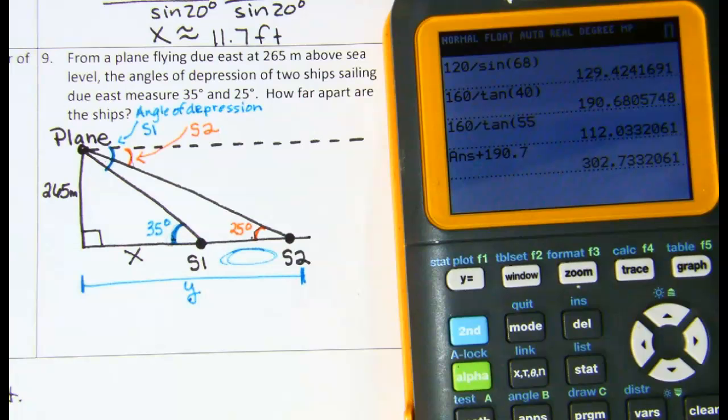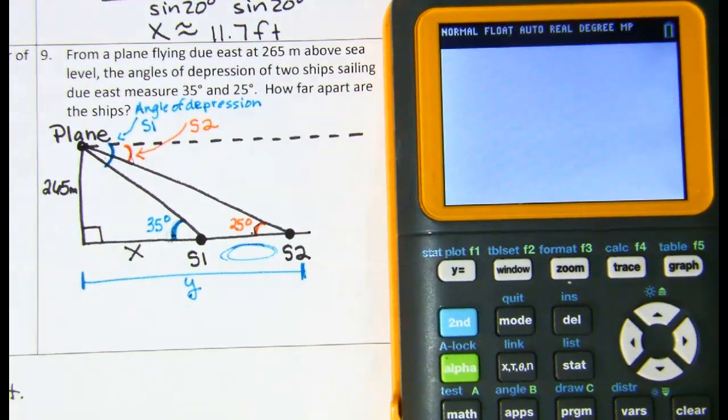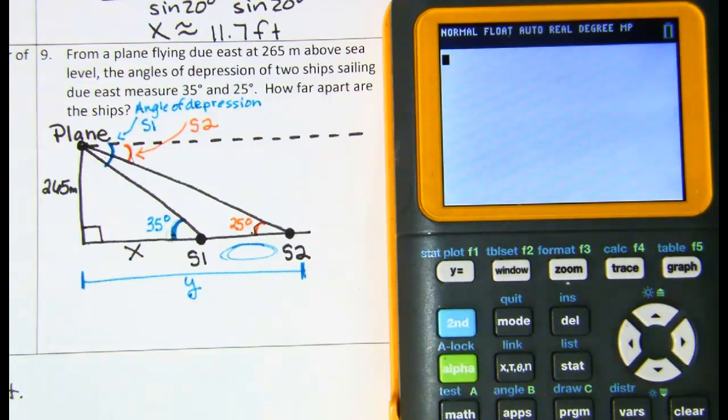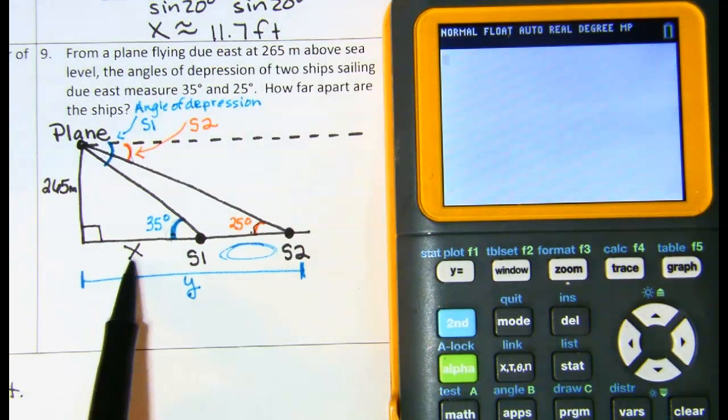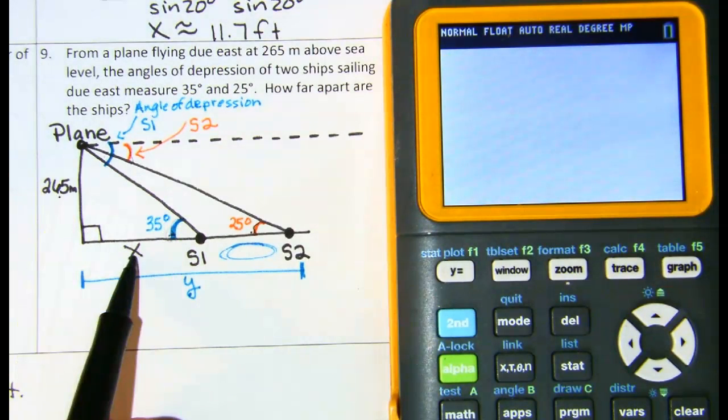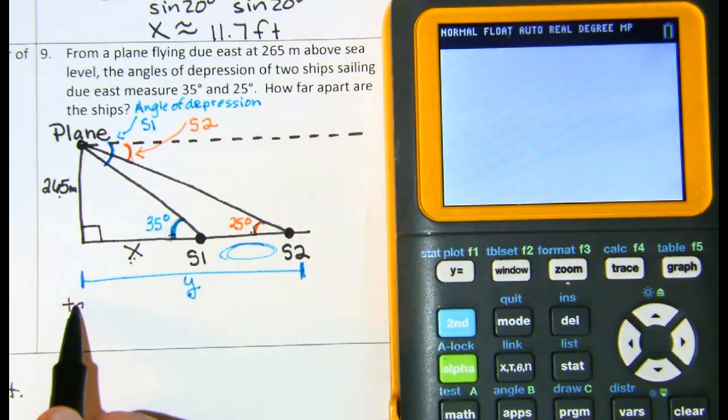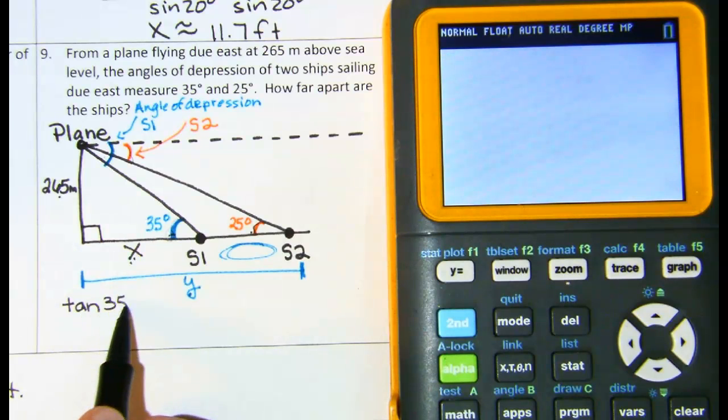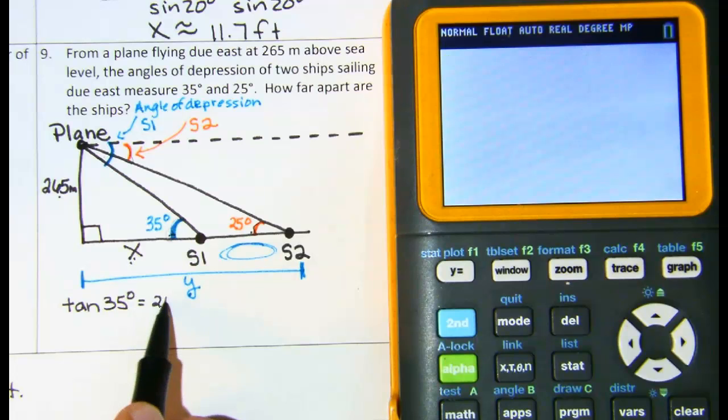In this problem, we do not have a hypotenuse listed, so we are not going to use cosine or sine. We will use tangent. First let's find x. We have opposite over adjacent, so tangent 35 degrees equals opposite over adjacent.